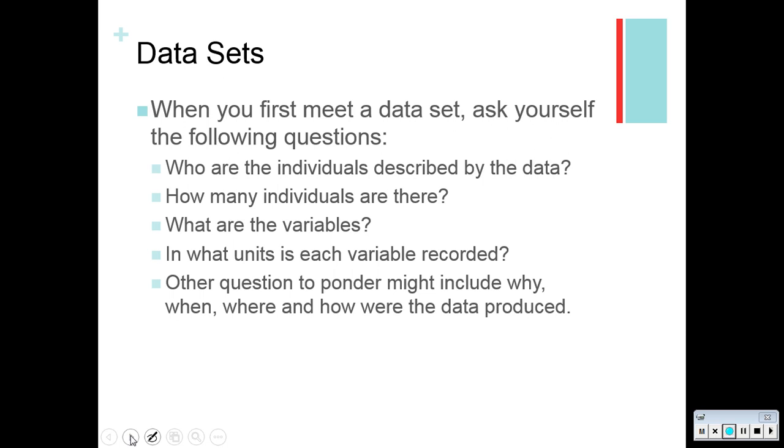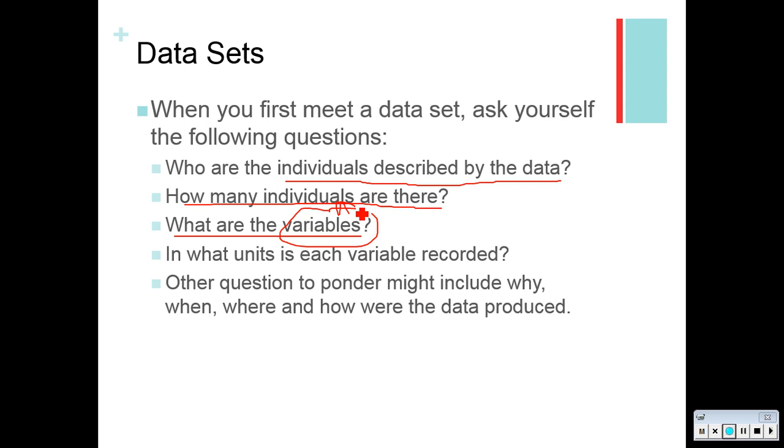So when you first encounter a data set, some of the different questions that you want to ask yourself are, first, who are the individuals that are being described by the data? Very important that you understand what that is. The other thing is, how many individuals are there? Next would be, what are the variables? What is it that's varying about the individuals that are in the data set?